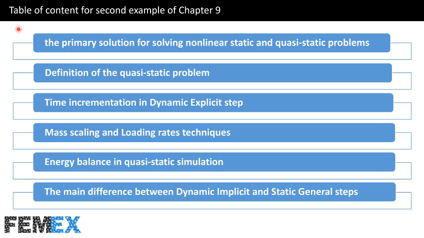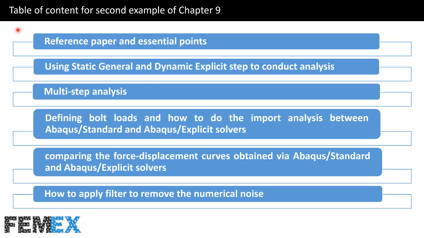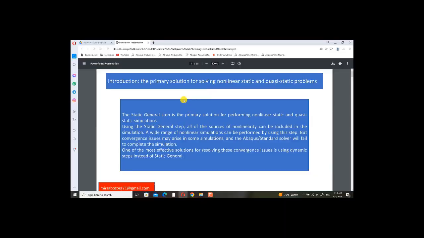This is the table of content for the second example of Chapter 9. Introduction: the primary solution for solving nonlinear static and quasi-static problems.